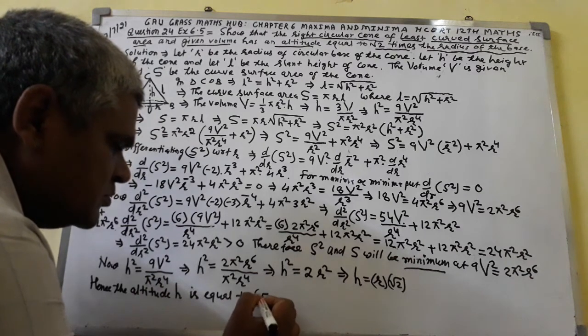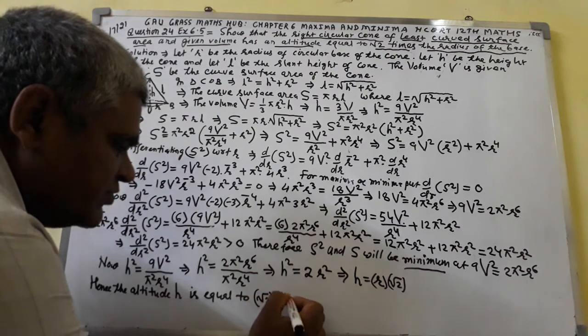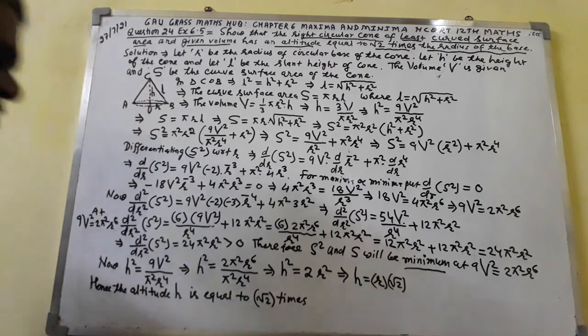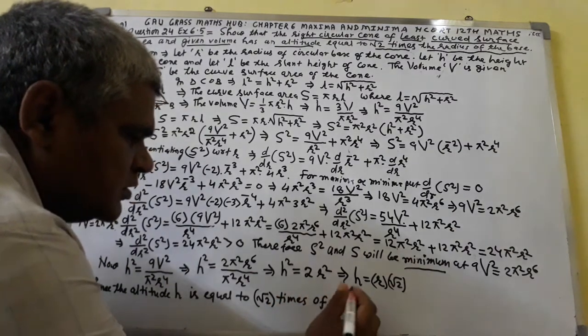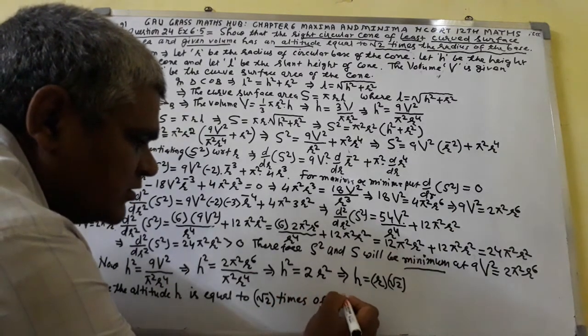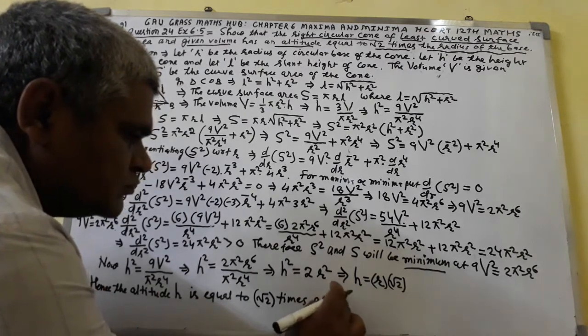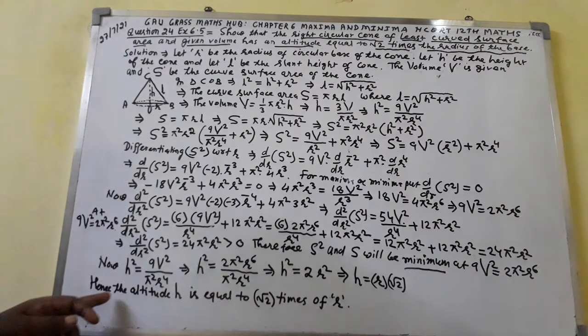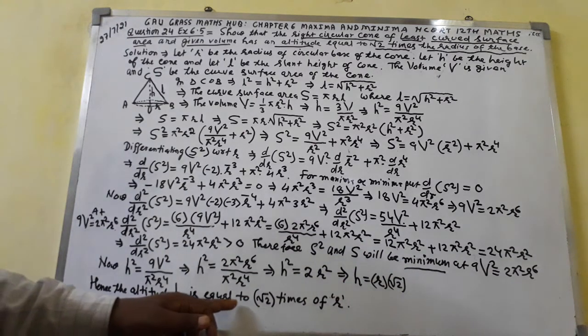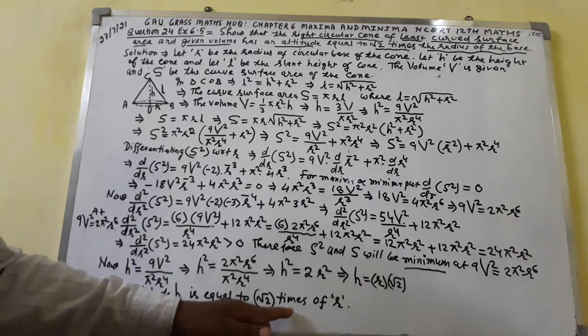Hence the altitude h is equal to under root 2 times of r.